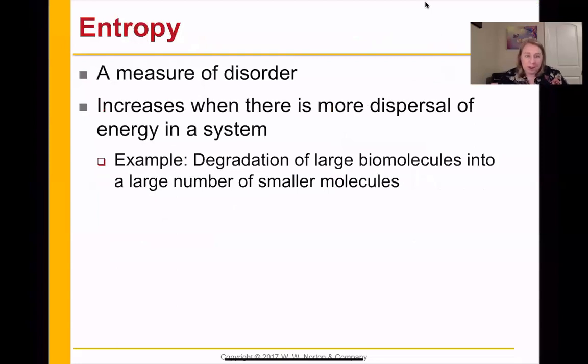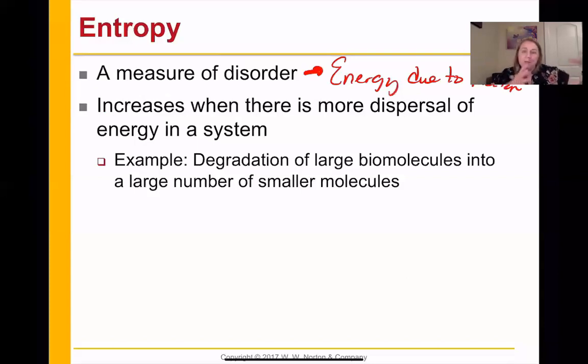Entropy, on the other hand, is a measure of disorder. When you think about a biological system, really you should think about energy due to motion. So it increases when there is more dispersal of energy in a system.